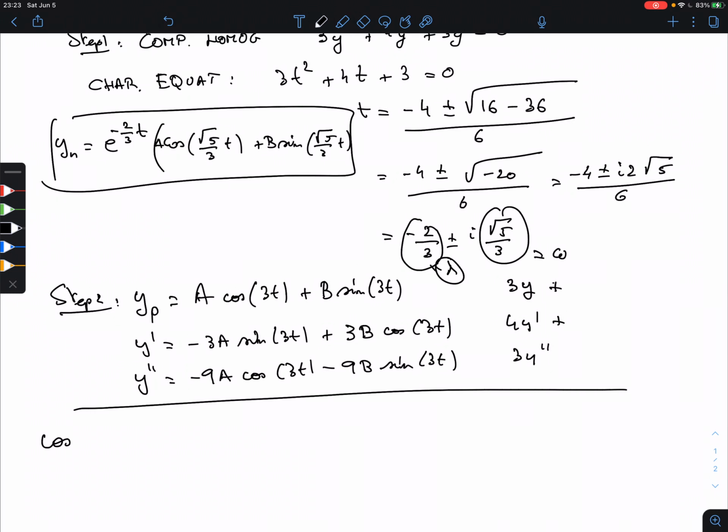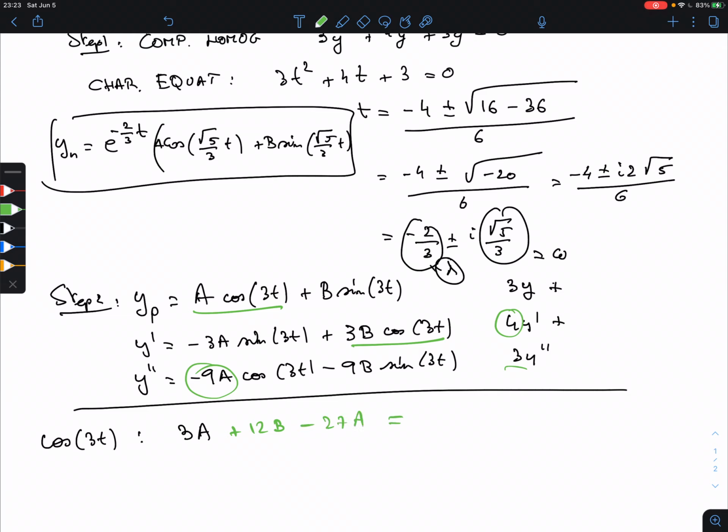So what is the coefficient of cosine 3t? Well, I have to take 3 times this coefficient, so that is 3a. Let me do it in green. This coefficient I have to take 4 times, so that would be 12b. And the last one I have to take 3 times, so minus 27a.